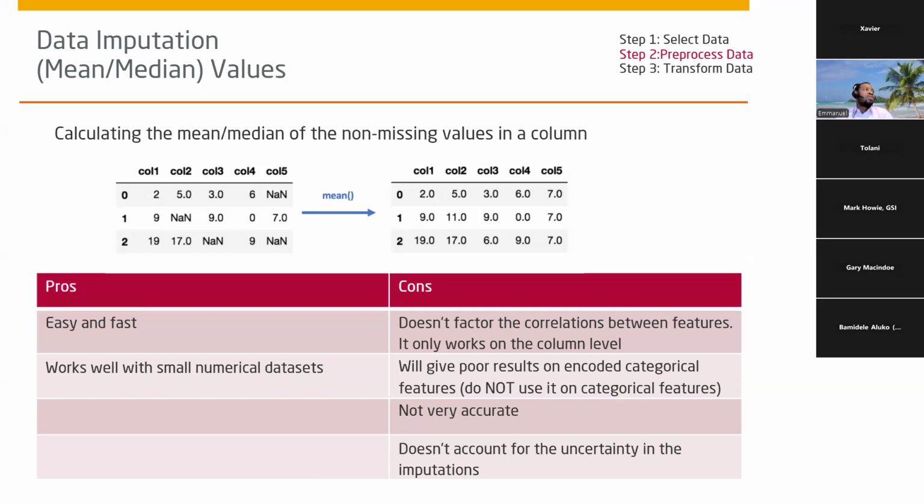If you look at the table, as I'm looking at it, it's on my left. I hope it's on your left as well. You can see it has some NaN. Those are columns that are missing. But in the column on the right, it has been replaced with the mean. That is the mean: 5 plus 17, 22, divided by 2.